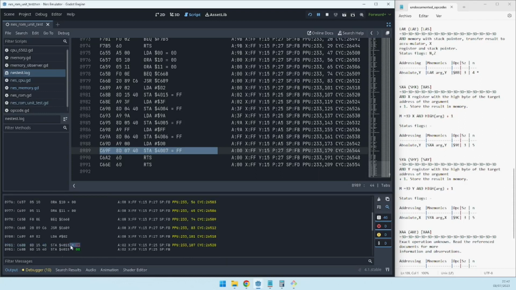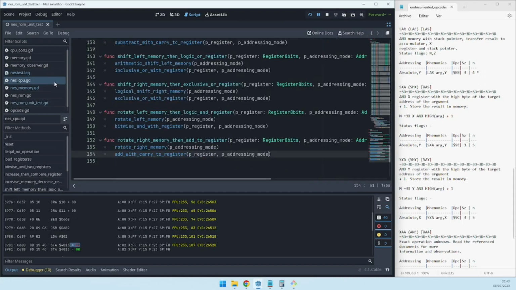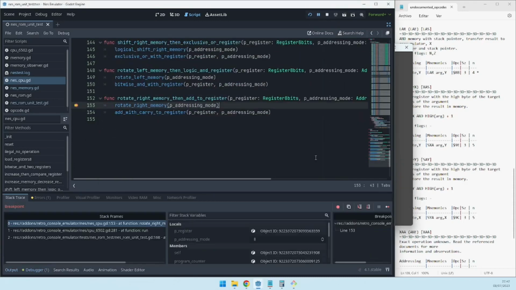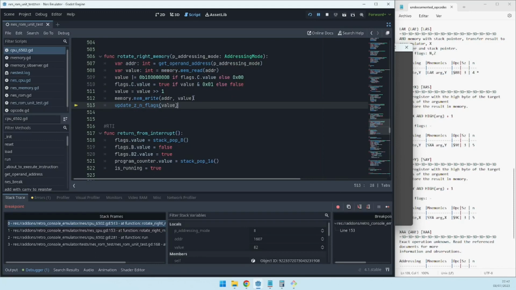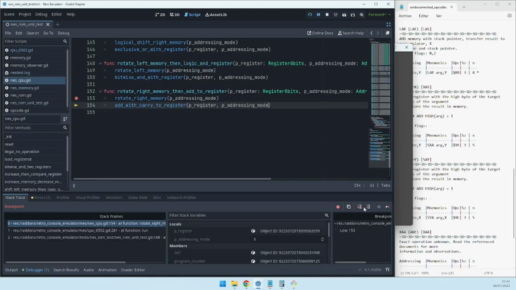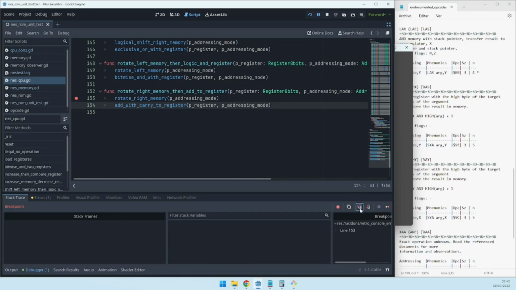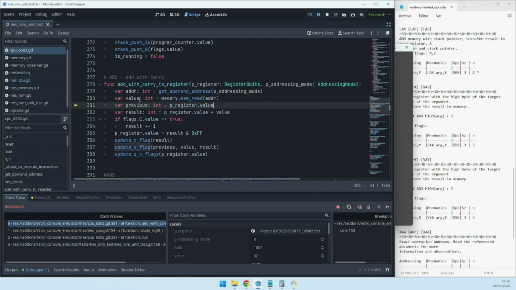So this memory was meant to be FF, but it's not. So are we doing something wrong with this? So let's see. Pop up. So the value we are writing is 82. And we are going to add 82. Is that right?